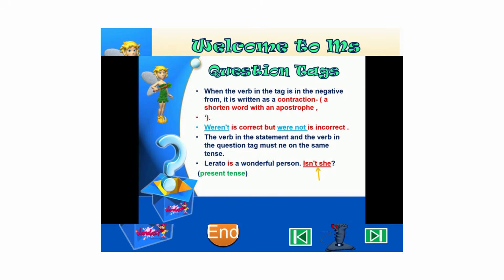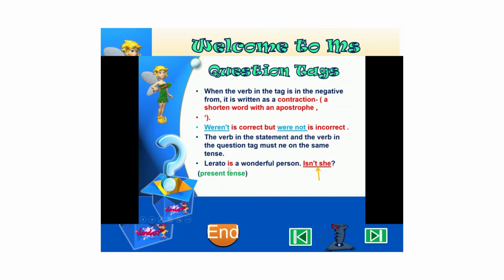All those words that are shortened with the use of an apostrophe mark, we call them contractions. So we are going to use more contractions in question tags. For example, we have contracted the word were to become weren't. We cannot say were not. It will be wrong for us to say were not. We use weren't in a contraction form.